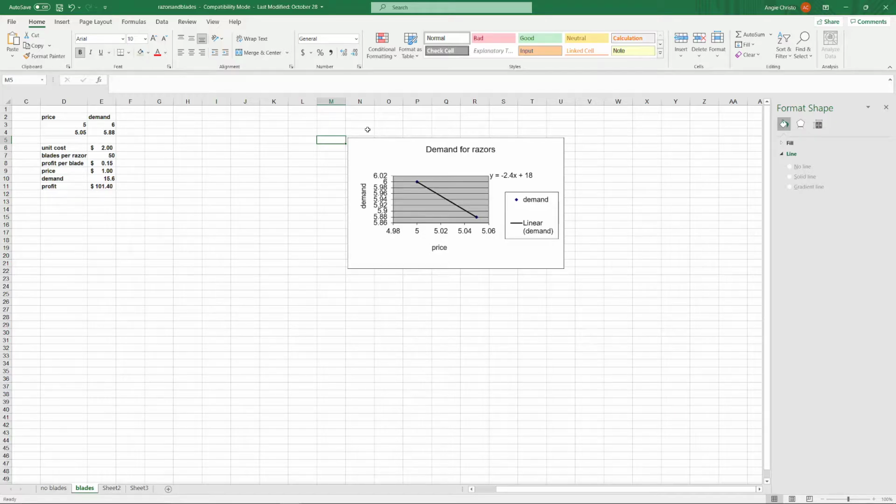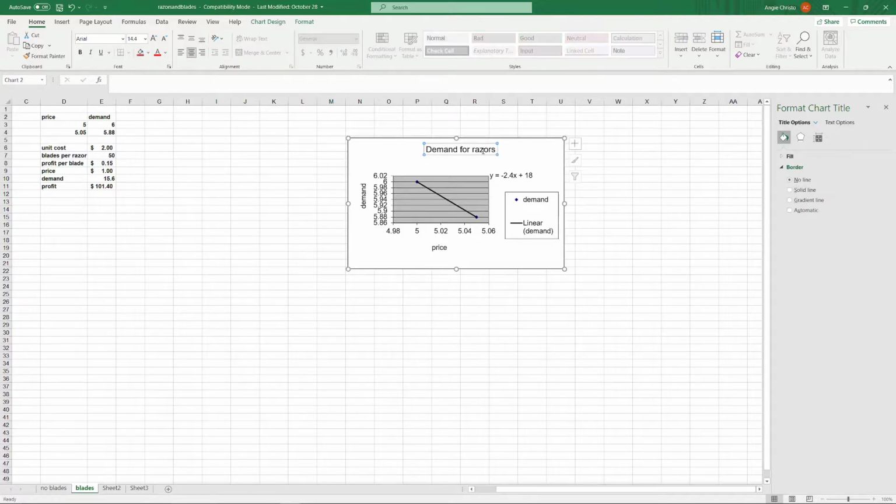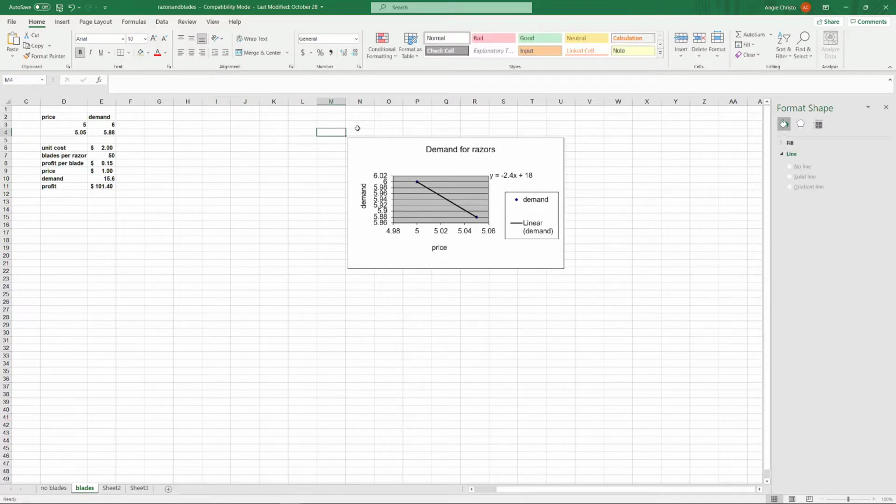So you have to consider not only what the best price is so that I can make the most profits out of the razors or the video game console, but also how do I make the most profit out of selling the razors as well as their blades, right? Selling the video game console as well as the games themselves.